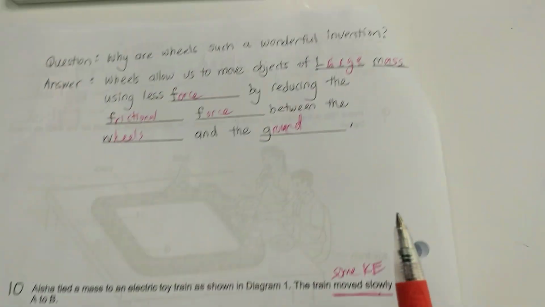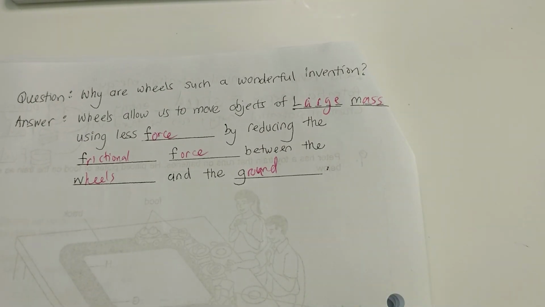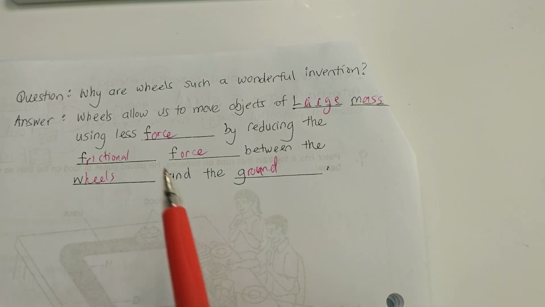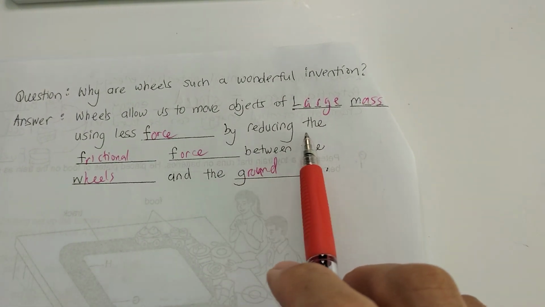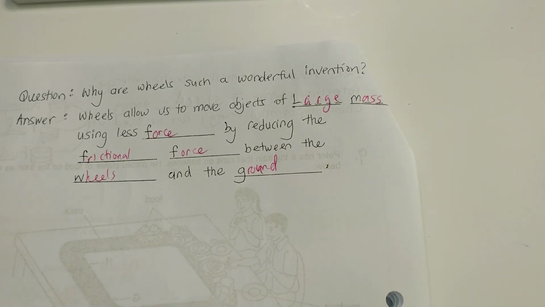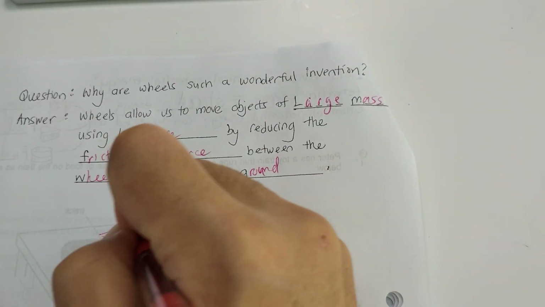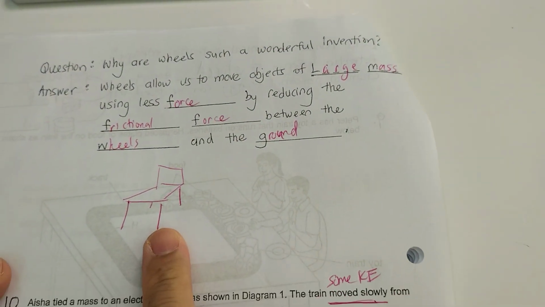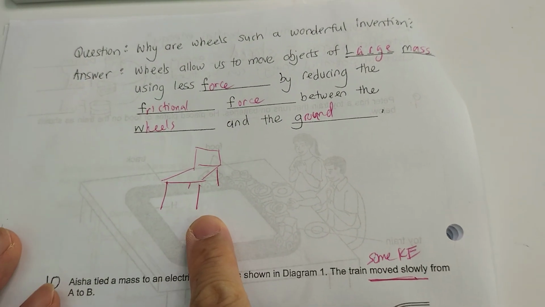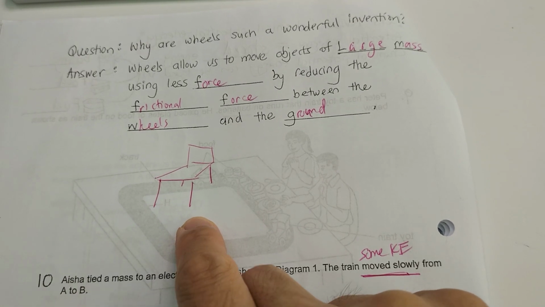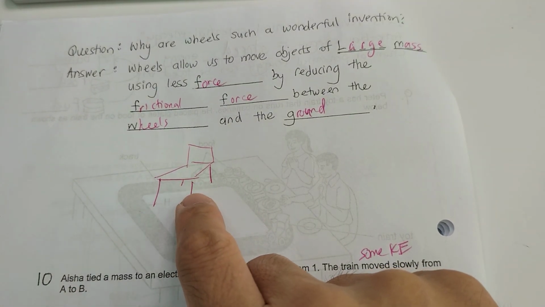Now I understand why I ask you about this and teach you this. Wheels let us move objects of large mass using less force by reducing the frictional force between the wheels and the ground. It's like if you were seated on a classroom chair with just 4 legs, it's very hard to move a large-sized person. Let's say I'm a large-sized person. If I sit on this, you want to drag me across a classroom, it's difficult.